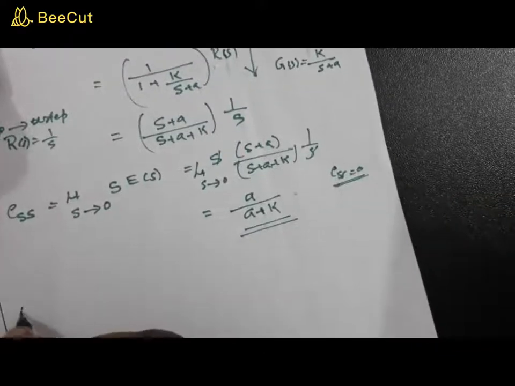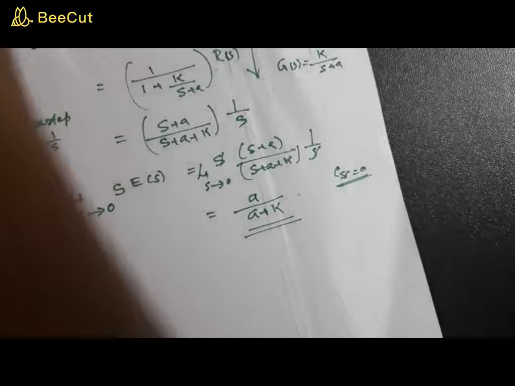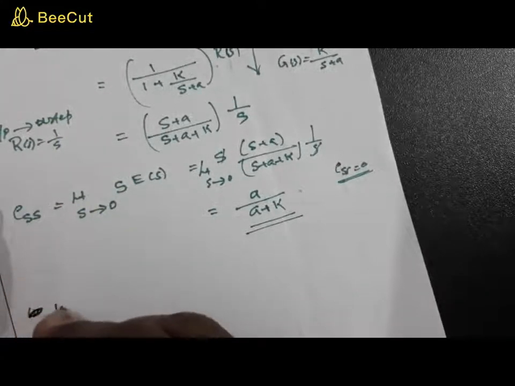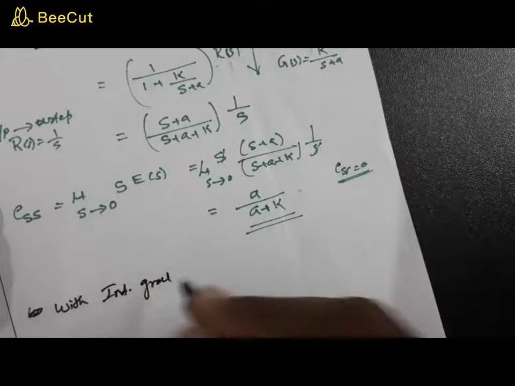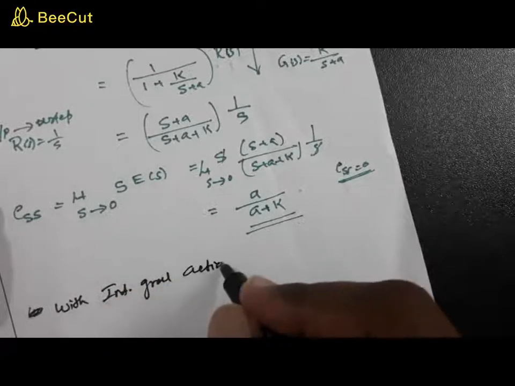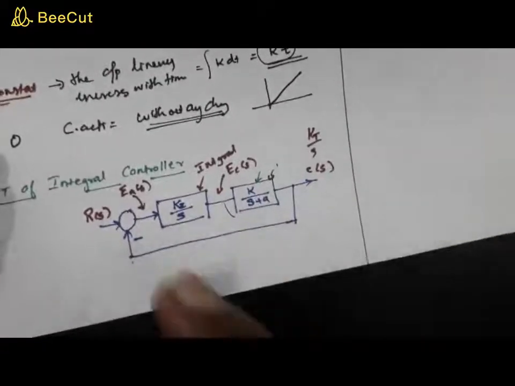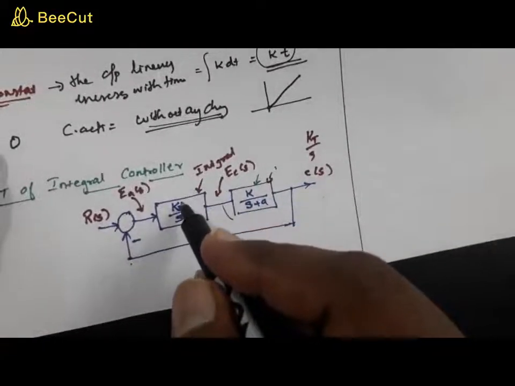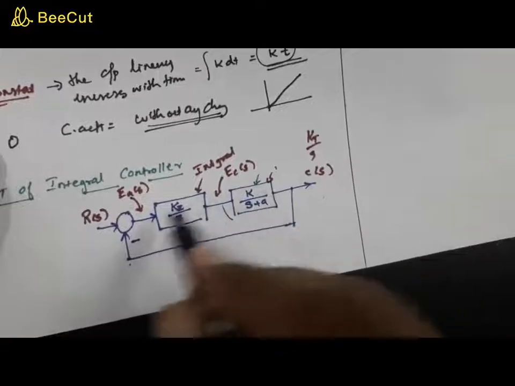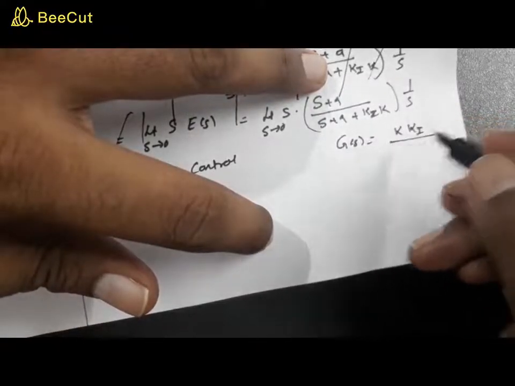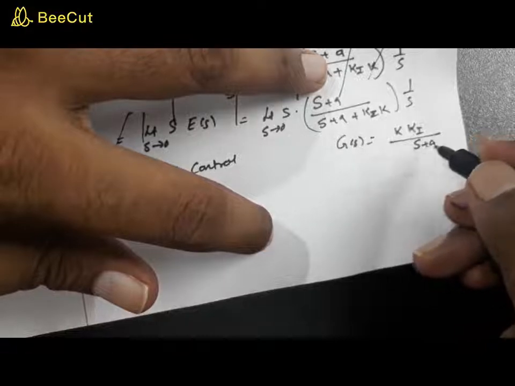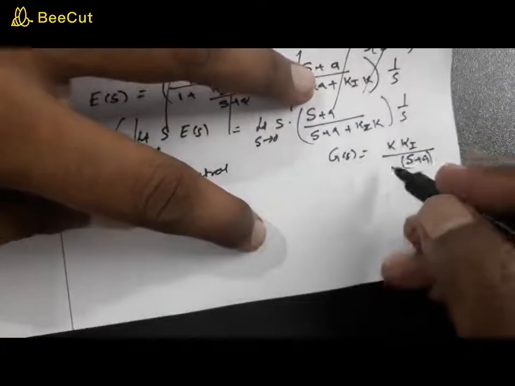Now the next step is adding integral action, that means I am adding a block on the forward path, Ki by S. So you can multiply this, so that your new G of S will be equal to K into Ki divided by S into S plus A.